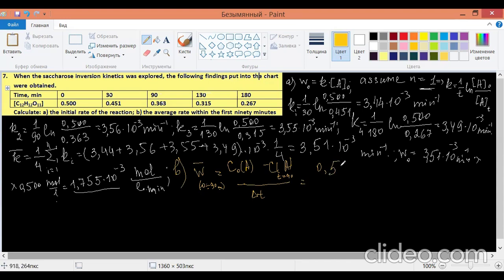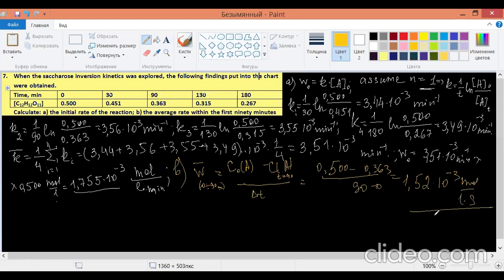In the beginning, the concentration is 0.500 minus 0.363 at time 90 minutes, and we divide by 90. So it's equal to 1.52 times 10 raised to minus 3 moles per liter per minute. This is the answer for question B.